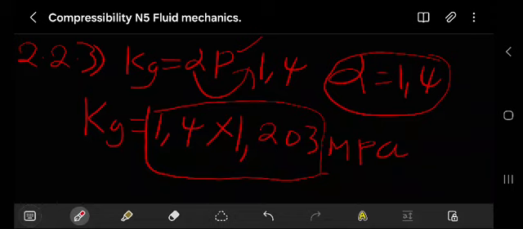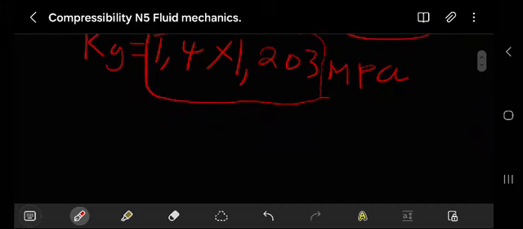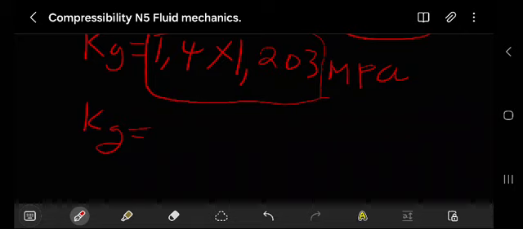Then you'll get Kg in megapascal. If you punch that, you'll get 1.68. Let me double check.